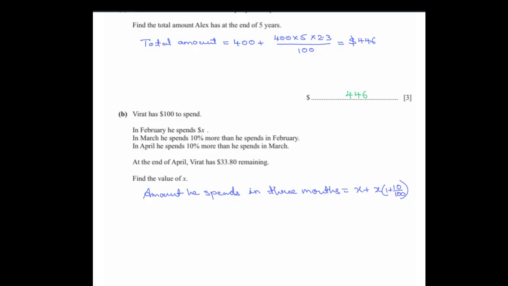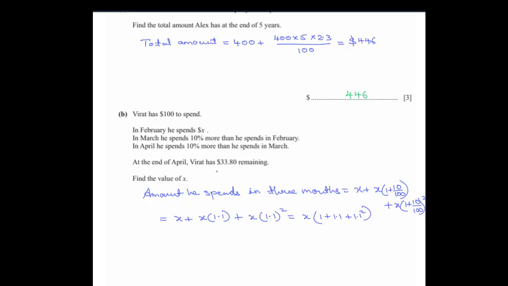Then next month he is spending 10% more than March, so that means it is getting compounded. So you have to write here plus X into 1 plus 10 by 100, whole squared. So that is X into 1 plus 1.1 plus 1.1 square. This can be written as X common, 1 plus 1.1 plus 1.1 square. This is the amount he spent.